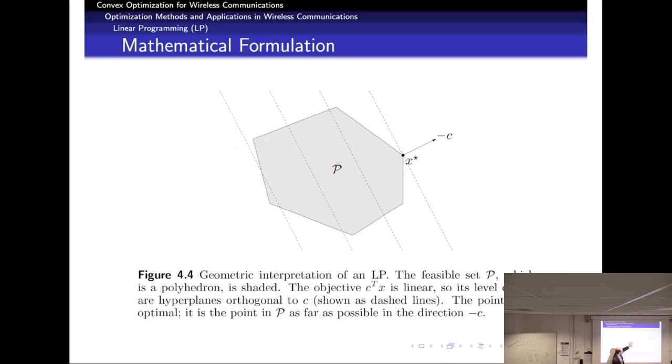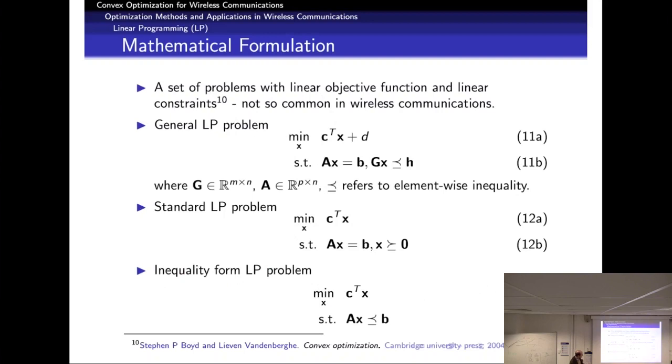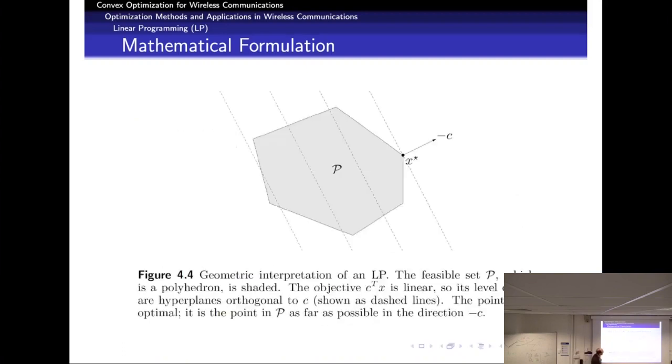So the solution to my problem has to be searched over this domain P here. That is a physical illustration of, for instance, this set of constraints here. And what I want to do is minimize, for instance, this linear function here. And that says the following. Those lines are the level curves.